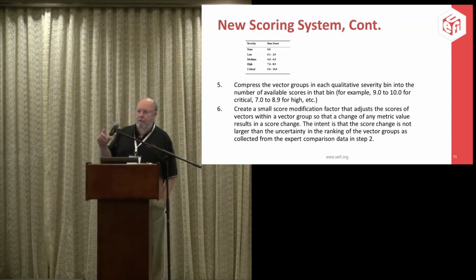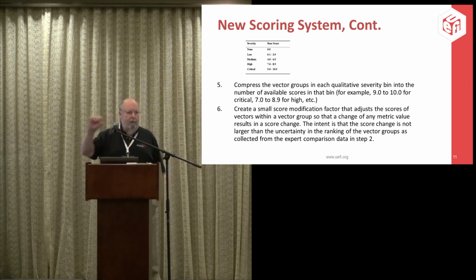Now, obviously, there are 271 of them, and a batch of them fell in each of critical and high, and there are more than 10 or 20 that fit in those spaces. So, maintaining the order, they compressed them down to fit into those score spaces.